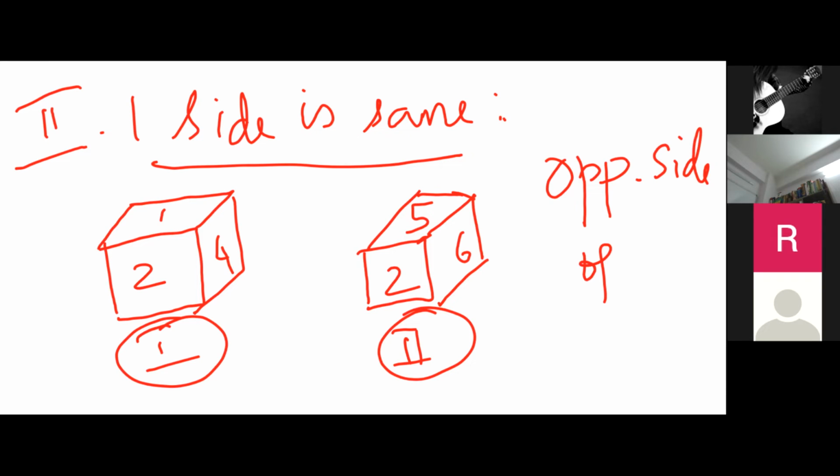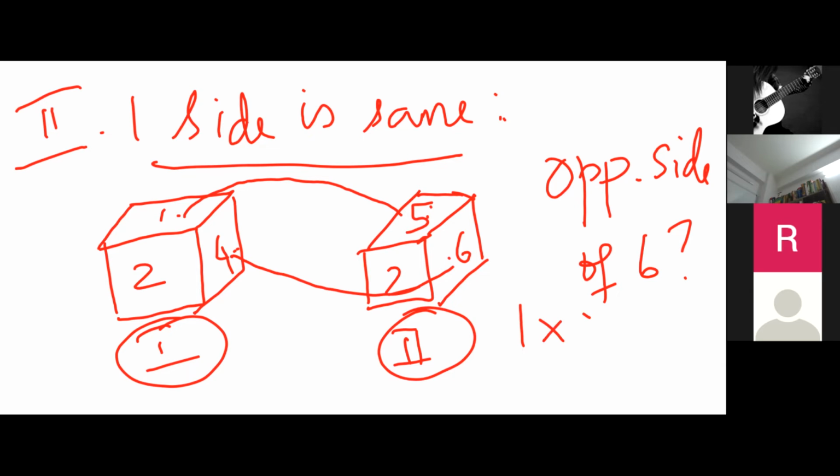So understand type 2: one side will be the same. In dice number 1, I have the values 2, 1, 4. In dice number 2, I have the values 2, 5, 6. The common value between dice 1 and 2 is 2. If I find any one side is the same, then the trick you have to follow is that the other 2 sides are the exact opposite values.